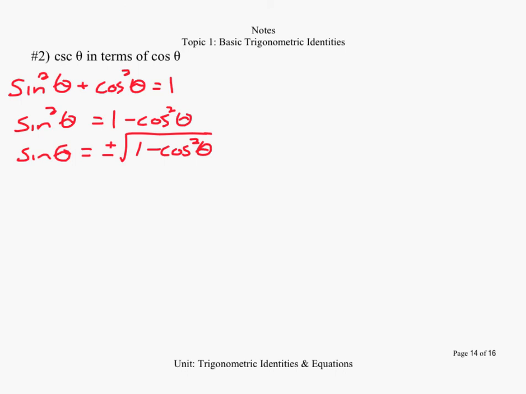Right, we have sine here. We have to change sine so it's in cosecant. How would we do such things? Change it to the reciprocal.